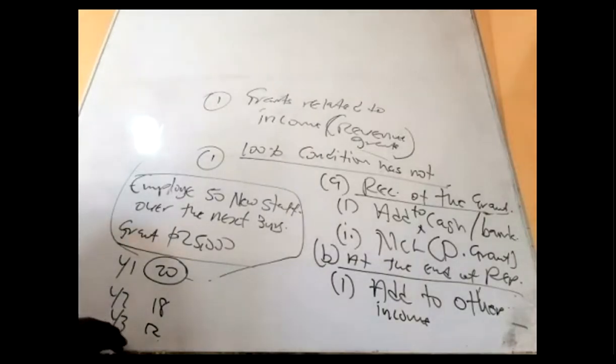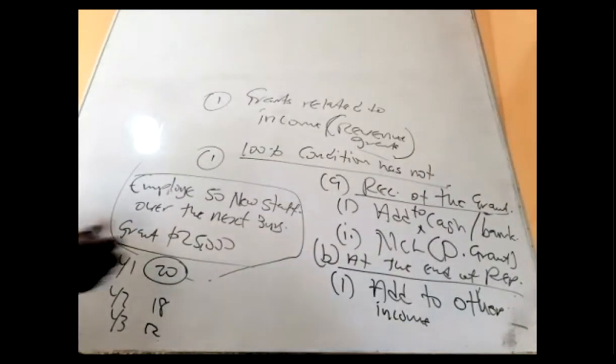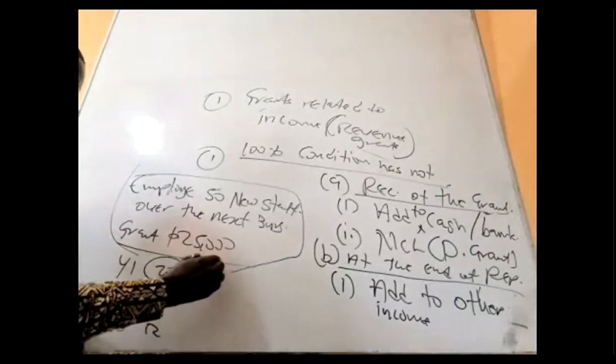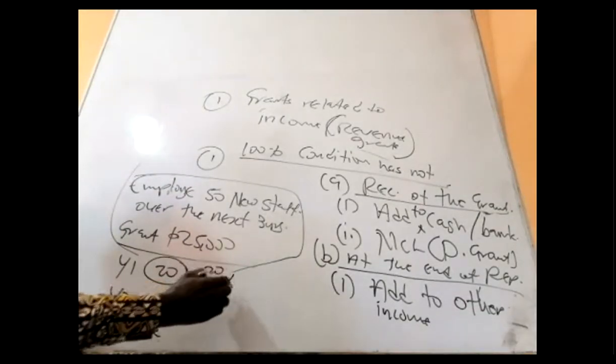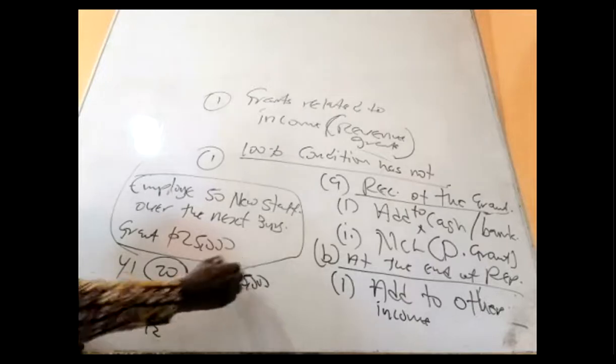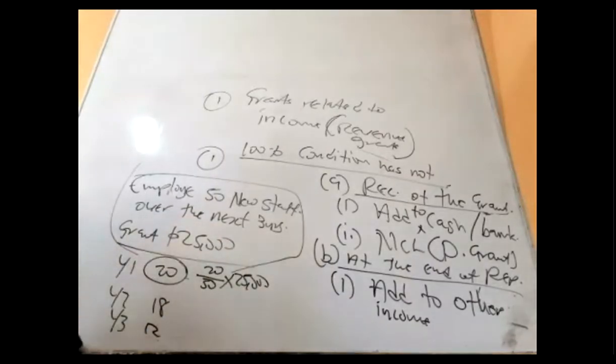If for the entire 50 staff they are giving me 25,000 and I've employed 20, what's the equivalent amount? I'll tell the examiner that it is 20 out of 50 times 25,000. This will give me around 10,000.